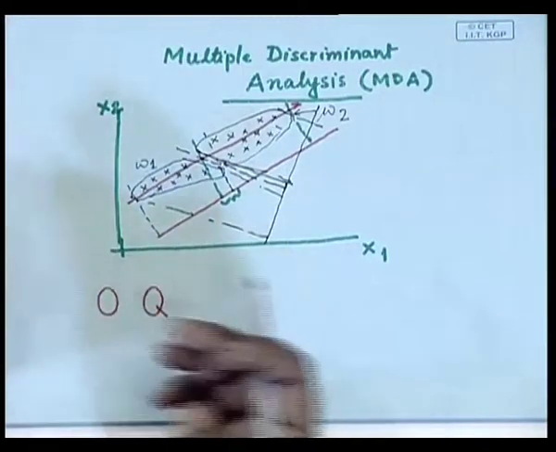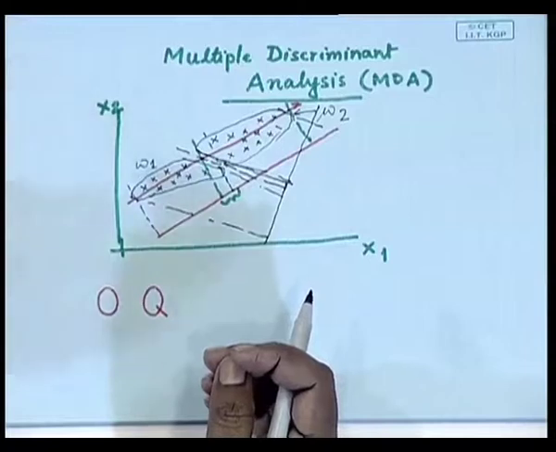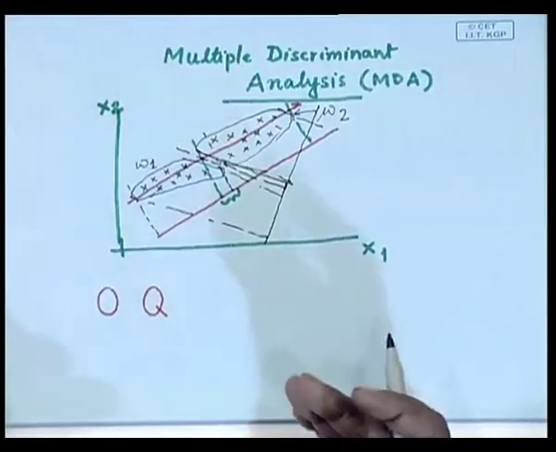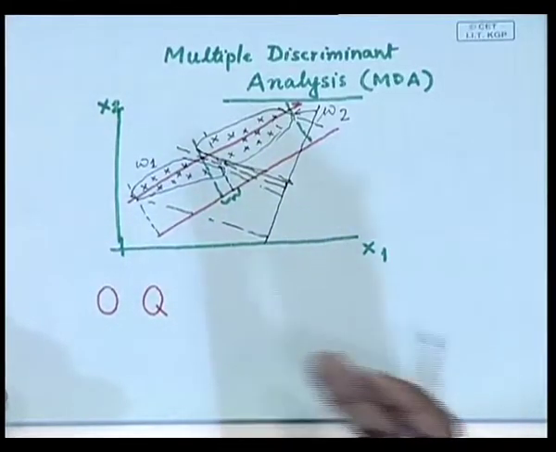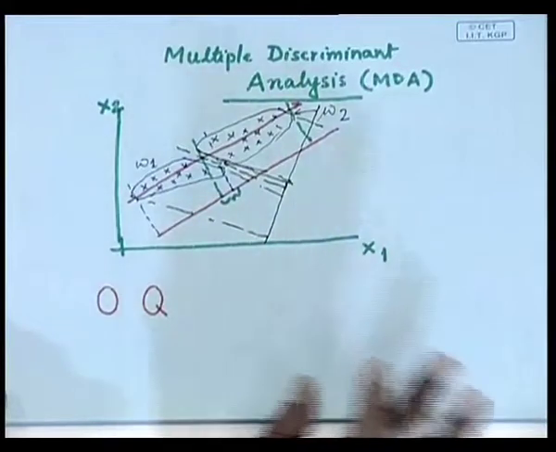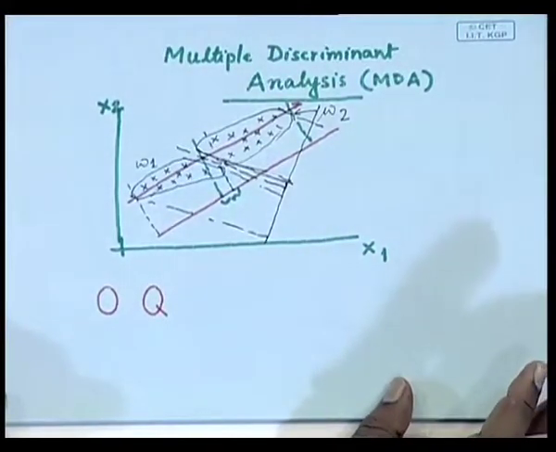So, that is the drawback of principal component analysis. Though it gives you the best representation of data onto the projected space in the minimum square sense, it may not be the best projection so far as separability of the classes is concerned. So, that is the aim of multiple discriminant analysis.